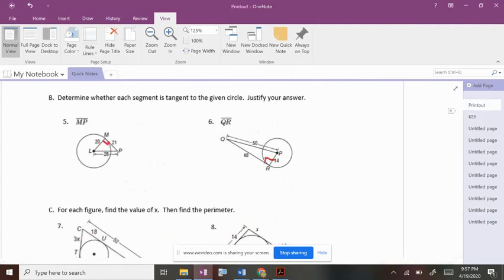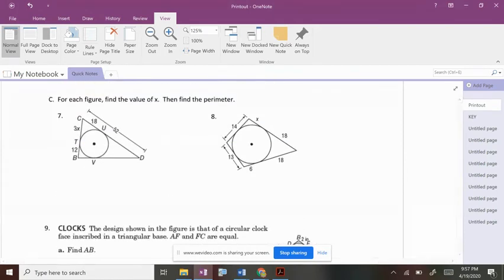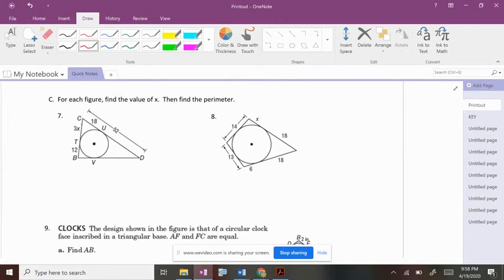Looking at the next two questions, these are multiple tangents that you have. You have a tangent here at point C, another pair of tangents at point B, and then a third set of tangents at point D. So those are all equal. I shouldn't say all of them; each set is equal. So you have 3x equal to the 18.